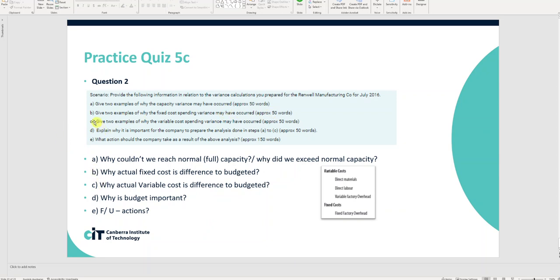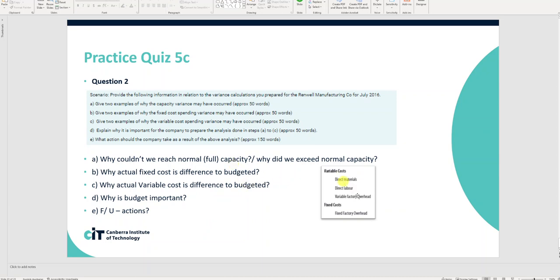And the third question, part C, asks: can you give 2 reasons why the variable cost spending variances may have occurred? So the question is actually asking why actual variable cost is different from the budget. Again, what are the variable costs? Have a think about the variable costs. For example, direct material and direct labor. What affects the usage of direct material and direct labor? Which is given to you here.